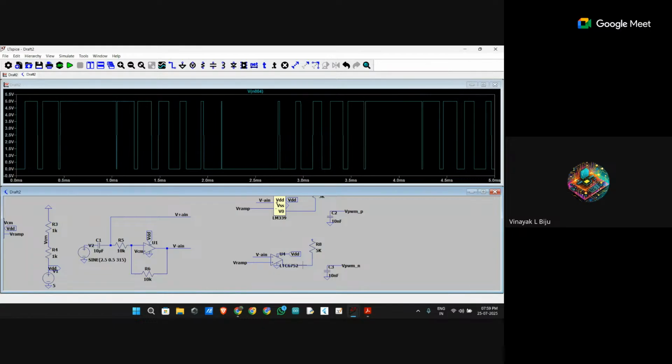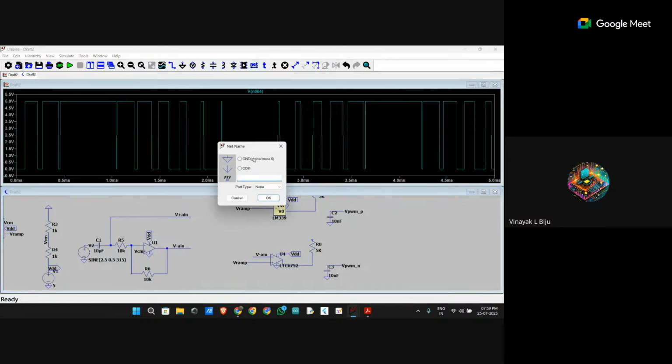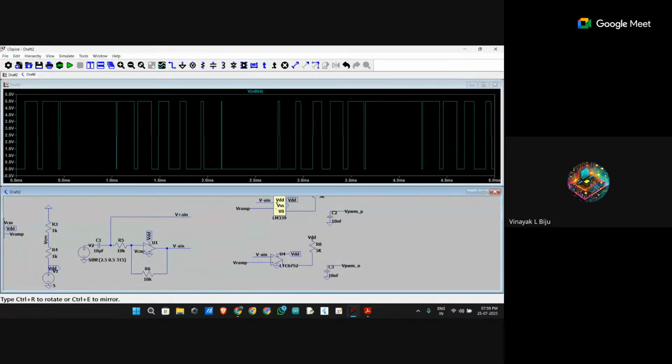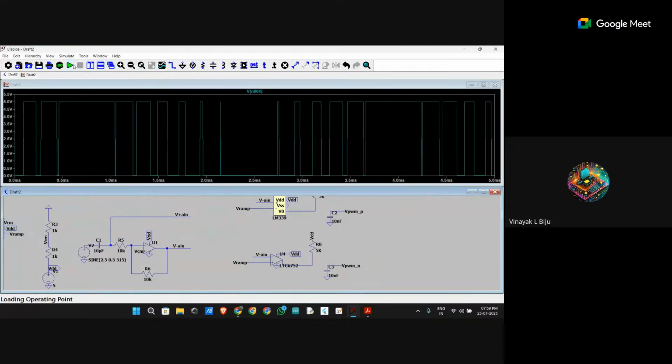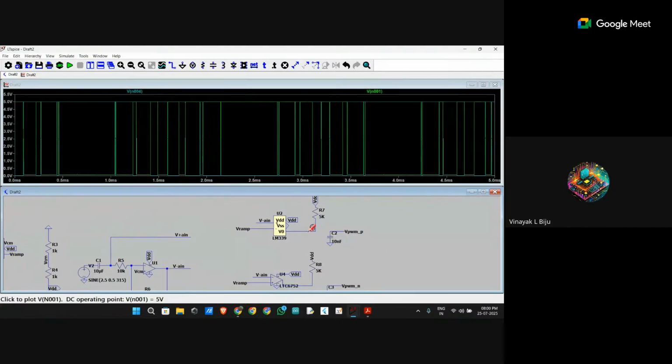Oh, now it's working. Okay. And put VDD at the pull-up also. Yeah. Okay, and the other output? I'm getting it. Okay.